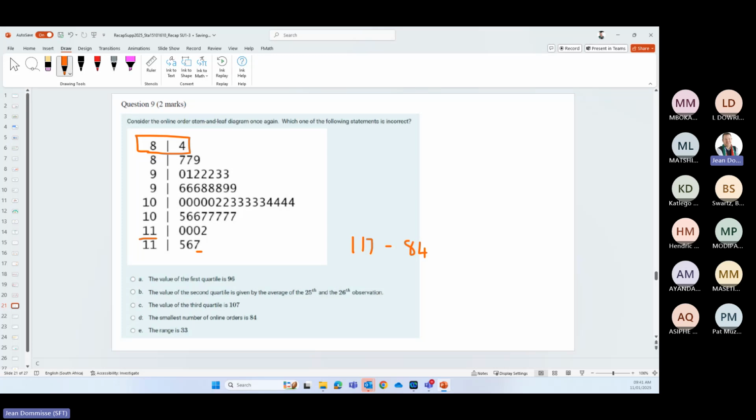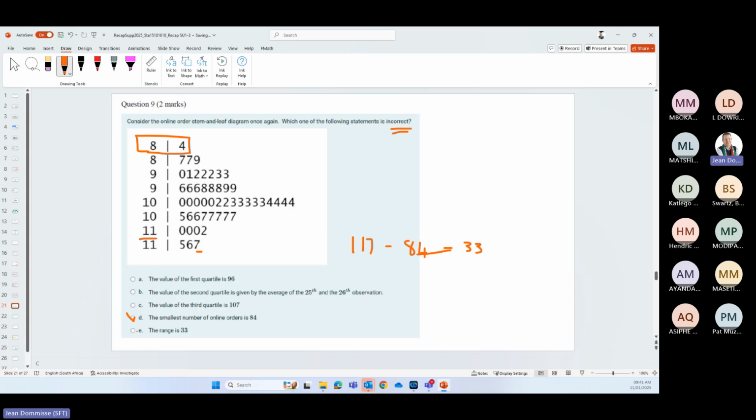So I would say, okay, smallest number, 84, cool. But I'm looking for the incorrect one, so that doesn't help. But yes, the range. 117, okay, let me see, where's my calculator? 117 minus 84. Okay, so that is 53.